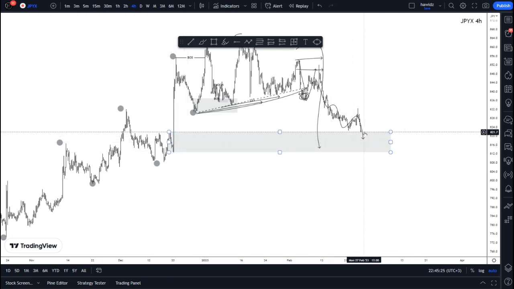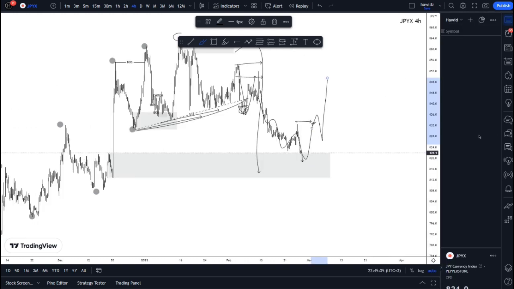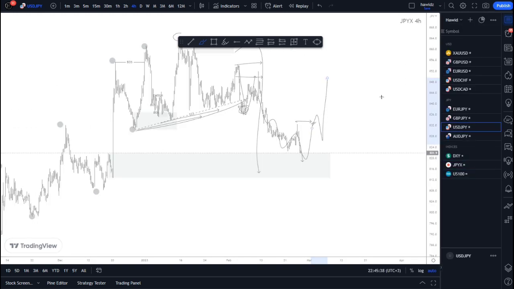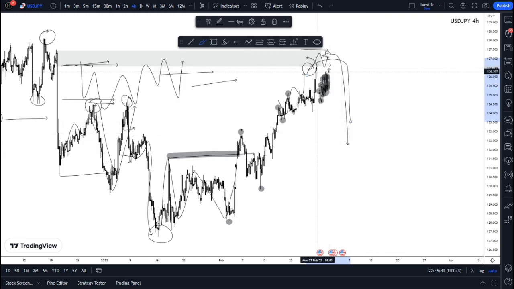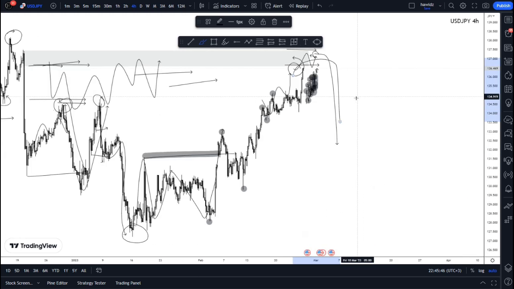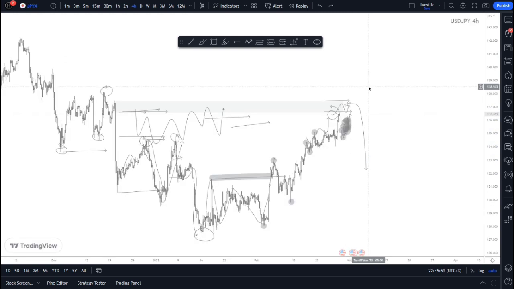And price has reached that area, so of course we're expecting some breaks here, and of course a bullish push from that, which also means a bearish push in the JPY pairs. That's why I said I would look for sells in here, and if they are to present themselves, that will be very cool to see.